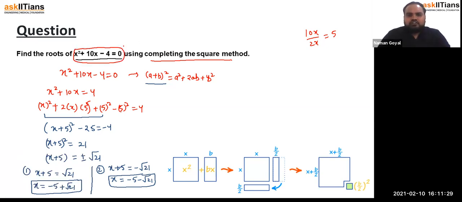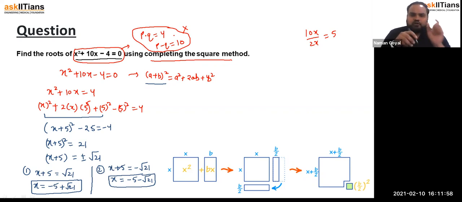According to it, we need two numbers whose product is 4 and whose difference is 10. We are not able to find two such numbers. So that's why the completing the square method is easier to use. Are you getting my point?